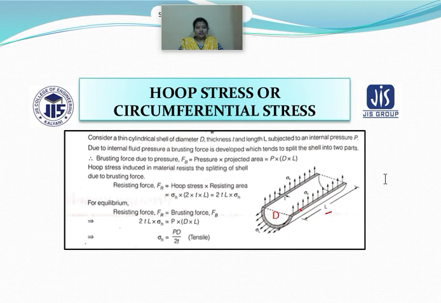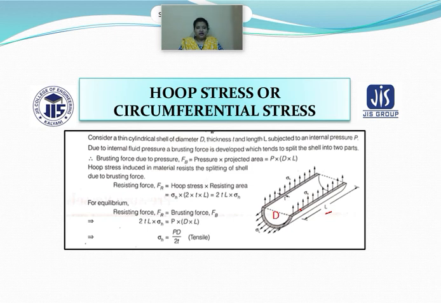So as you can see, this is basically split into two parts. That means inside there was some internal fluid pressure, which is commonly known as the bursting force, and this bursting force has a tendency to split the shell into two parts.